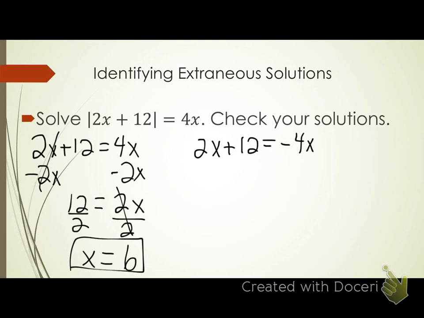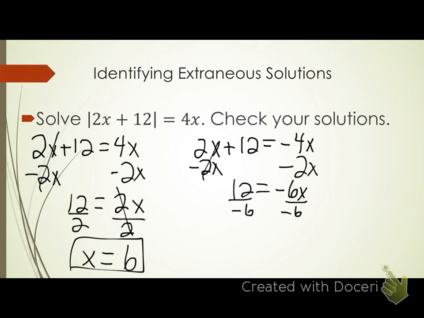The right equation, 2x plus 12 equals negative 4x. What would be my first step? Subtract 2x from both sides. Getting those variables to the same side. Negative 4x minus 2x gives me negative 6x. And how would I get x by itself?